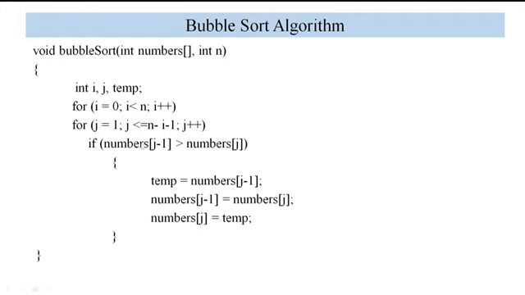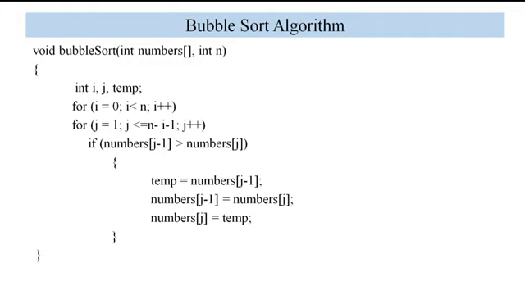And this if condition compares two adjacent elements, starting from j minus 1. When j is 1, j minus 1 is 0, index number 0. Index number 0 of the array is the first element.